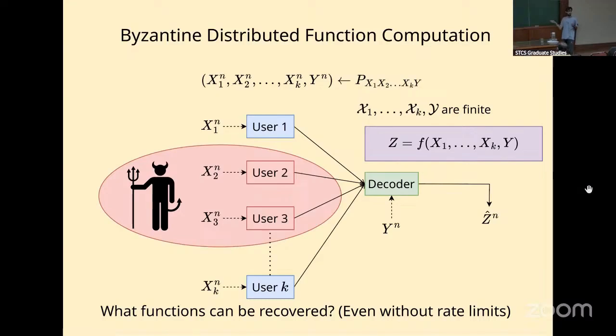The interesting question in this case is what functions can be recovered. In fact, given a function, what rate regions can be recovered, but can you even recover certain functions? It turns out that certain functions are completely impossible to recover. So even without any rate limits, can you even recover certain functions is the question that we ask.